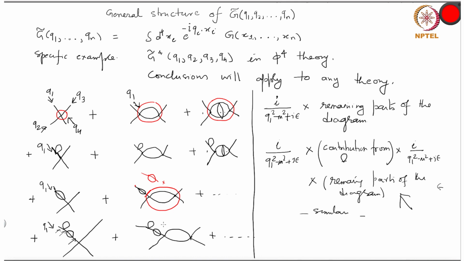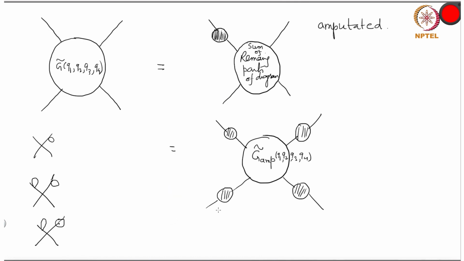So you see all the diagrams that enter into G tilde amputated have a property that upon cutting any single line, you cannot isolate an external point. Okay. So for this G tilde, these are external lines, and you can say this is an external point. You cannot isolate this external point by cutting any one single line. Okay, that's important.